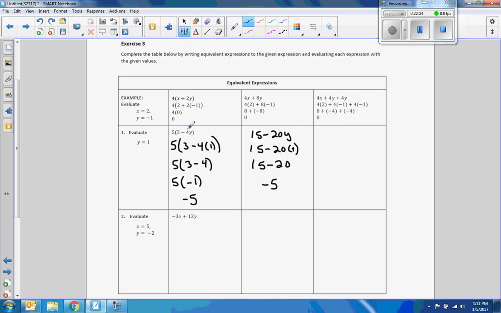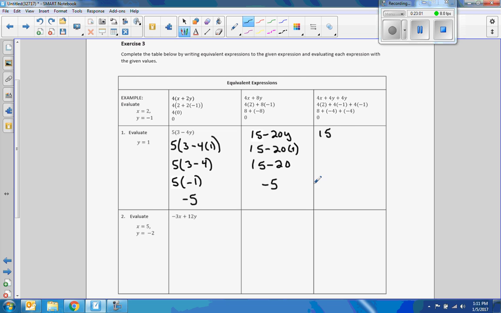If I multiply this 5 times 3 and get 15, let's see, how can we do this? 5 times 3 is 15. Okay. And then we can split this 4y up into 2, so that's what they did here. Cut this in half and said it was, instead of 8y, it's 4y plus 4y.